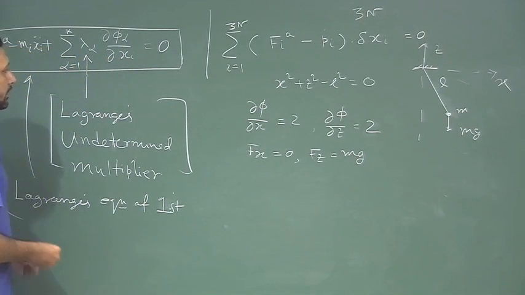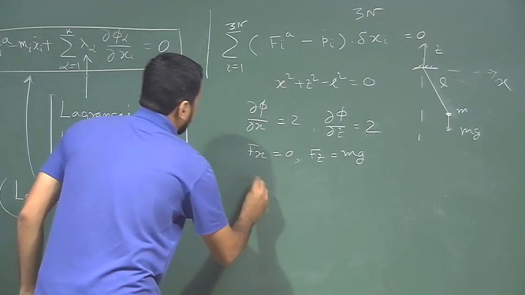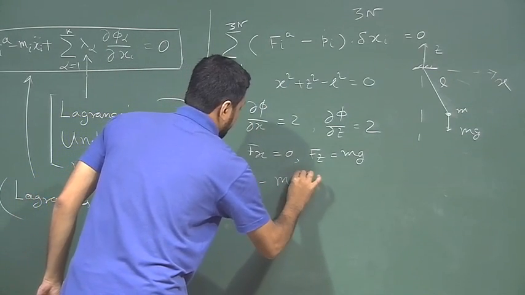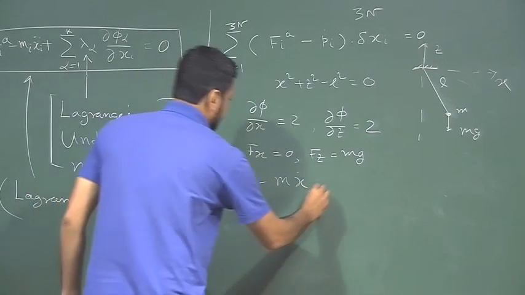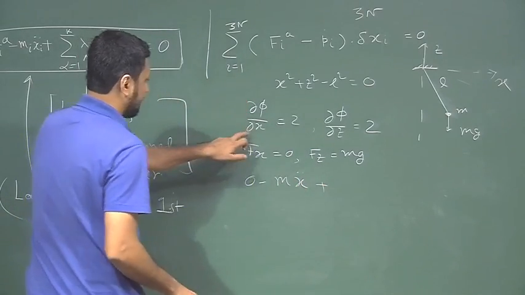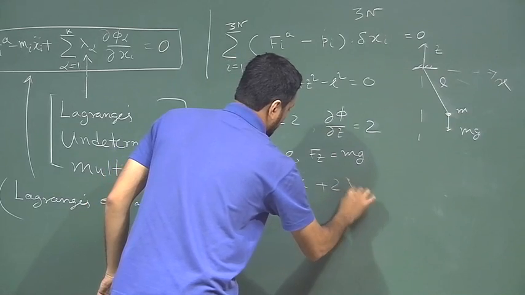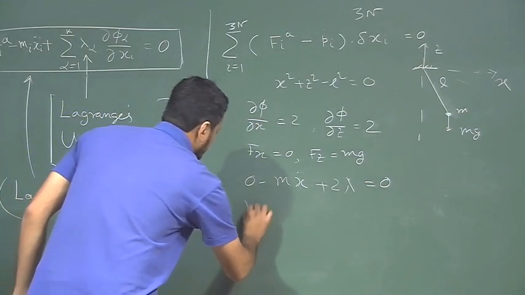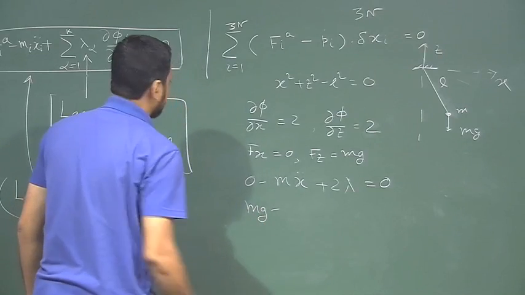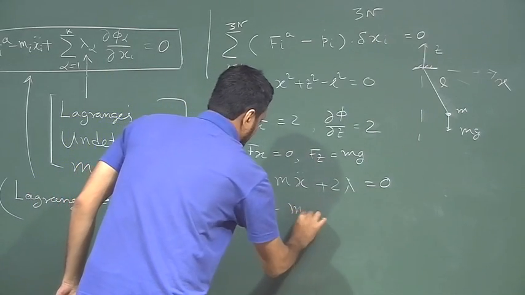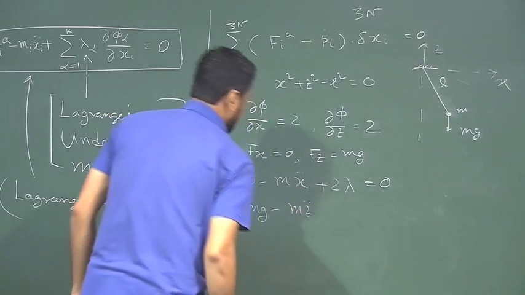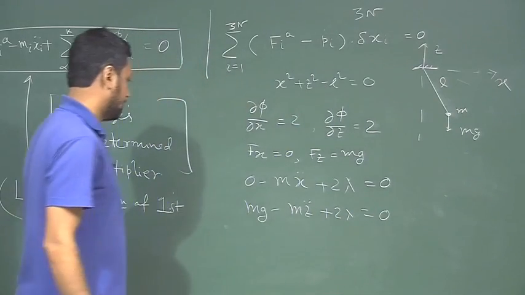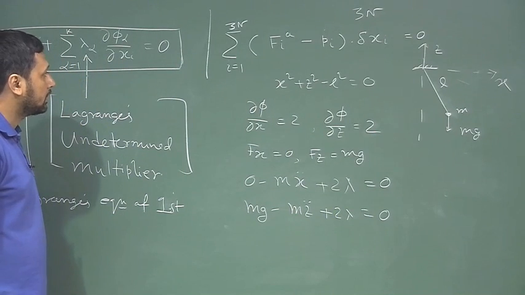So, if I write my first equation for x, it will be 0 minus m x double dot plus lambda times del phi del x, which is 2 lambda x, equal to 0. Second equation will be mg minus m z double dot plus 2 lambda z is equal to 0, right.